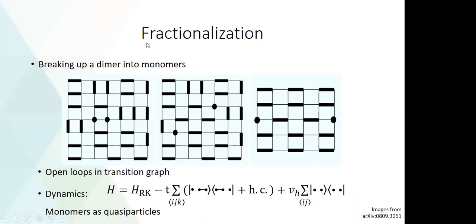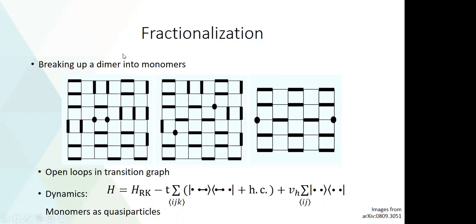So another idea that shows up really neatly in these models is what's known as fractionalization, where you get a degree of freedom that breaks down into a bunch of others. To see this, let's now consider something that I forbade before.